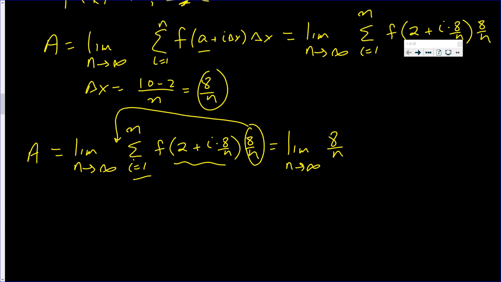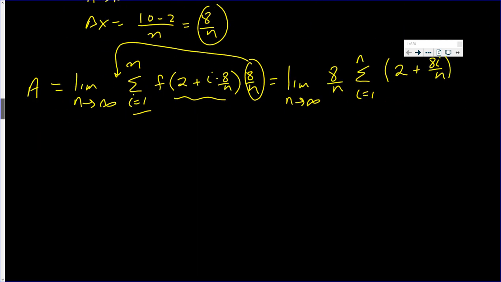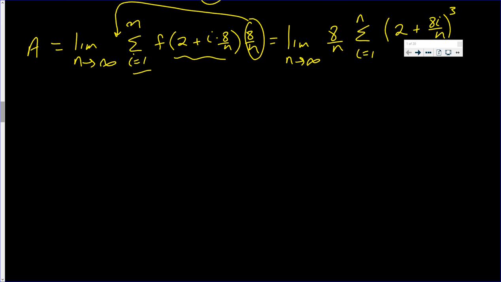In fact, I need to take the sum as i goes to n of (2 plus 8i over n) cubed. Now, all algebra from here. How much is (2 plus 8i over n) cubed?